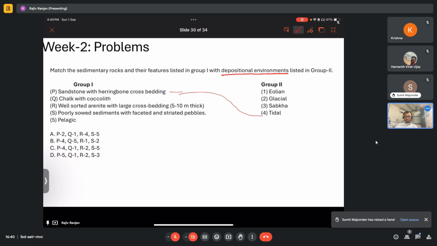I think this pelagic will not go here; this pelagic will go here. Yeah. So now try to answer. Try to understand.